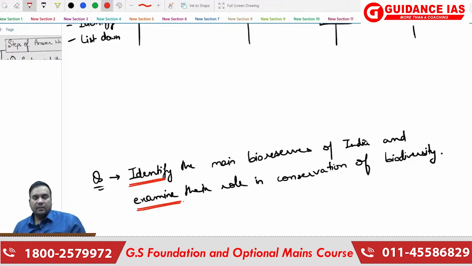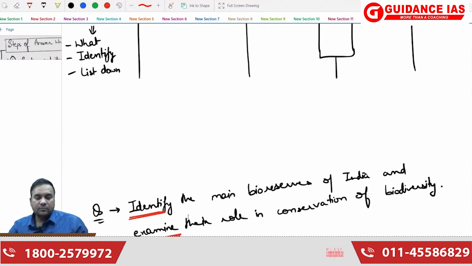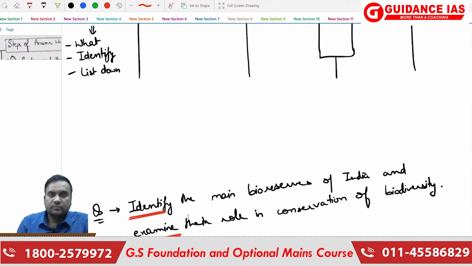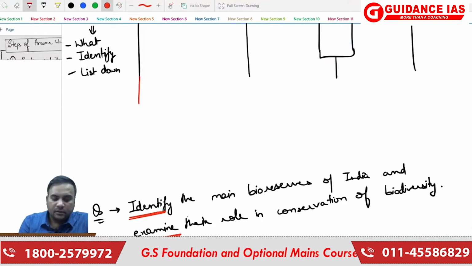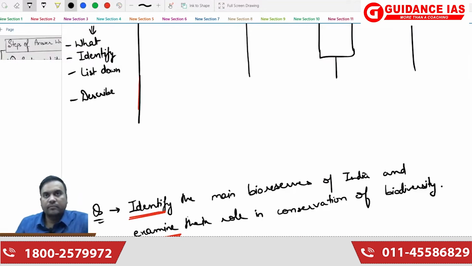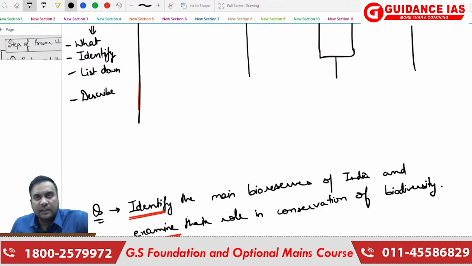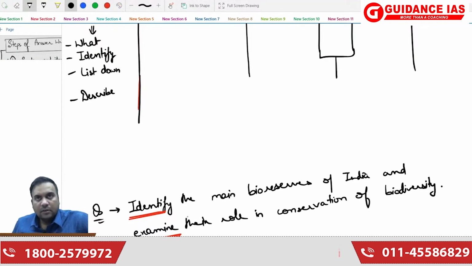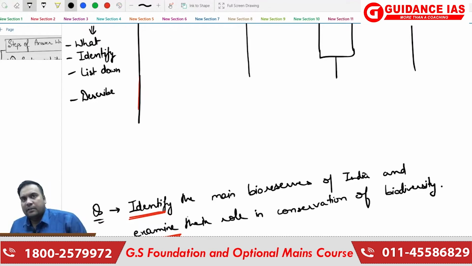Tell me, is anywhere written describe here? Although we can say that describe is also one of the keywords of this category. It is not written. You just had to identify that these are the main biosphere reserves of India.